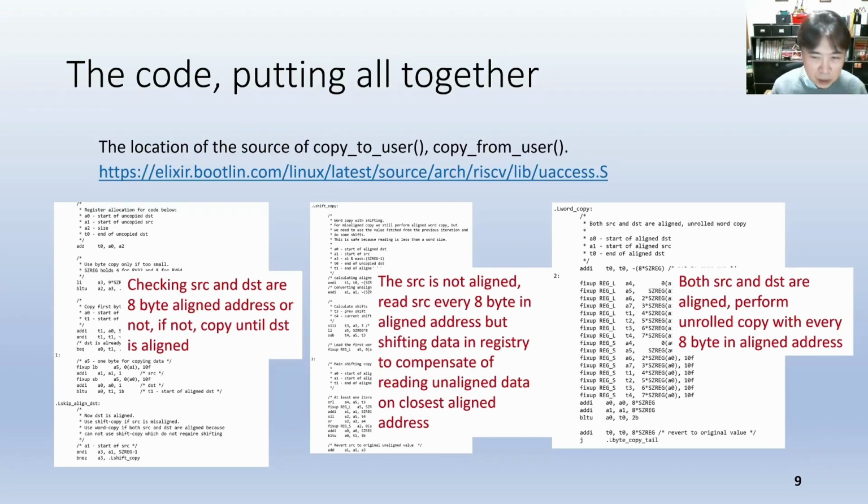It keeps loading before storing, because loading and storing back to back will cause the in-order pipeline to stall with the read-after-write data hazard. So load as many as possible and then store as many as possible.